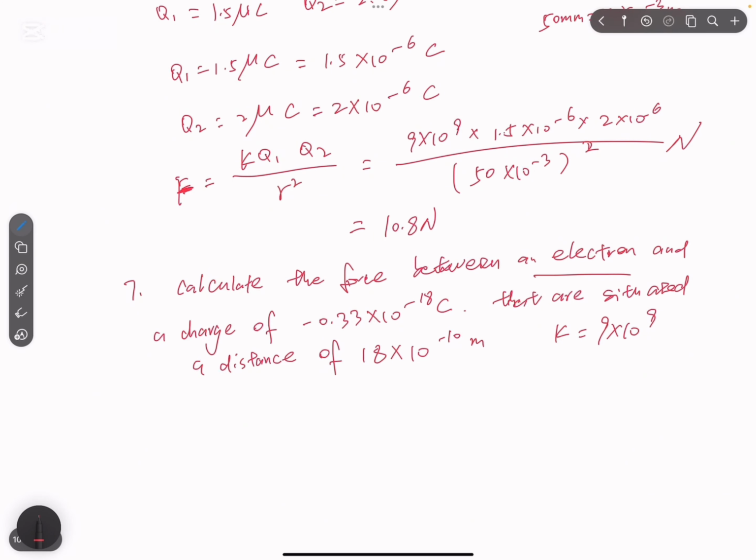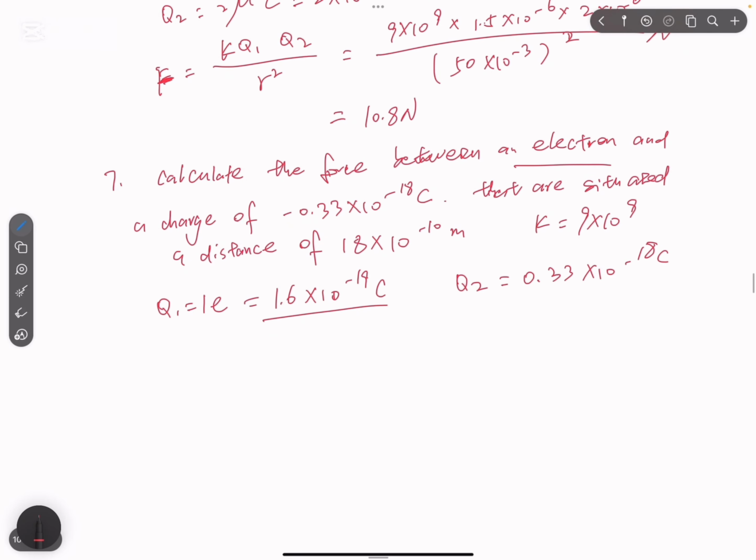So the charge for an electron is Q1 equal to 1e, so it will be 1.6 times 10 to the minus 19 coulomb. That's a constant. And the other charge Q2 equals 0.33 times 10 to the minus 18 coulomb. We have R equals 18 times 10 to the minus 10 meter.